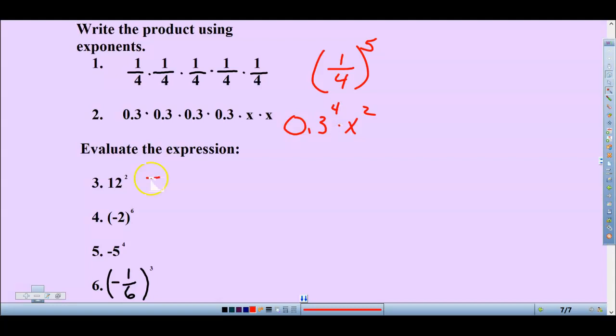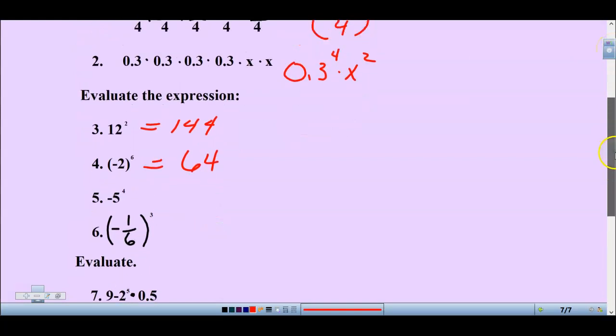To evaluate this expression, for number 3, you should have had 144. There are two 12s being multiplied together. For number 2, it is a positive, I'll tell you that. It is positive 64. And number 5 is a negative, guys.